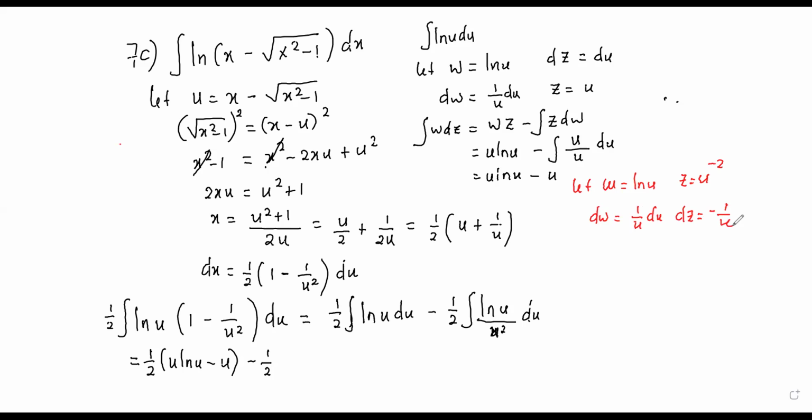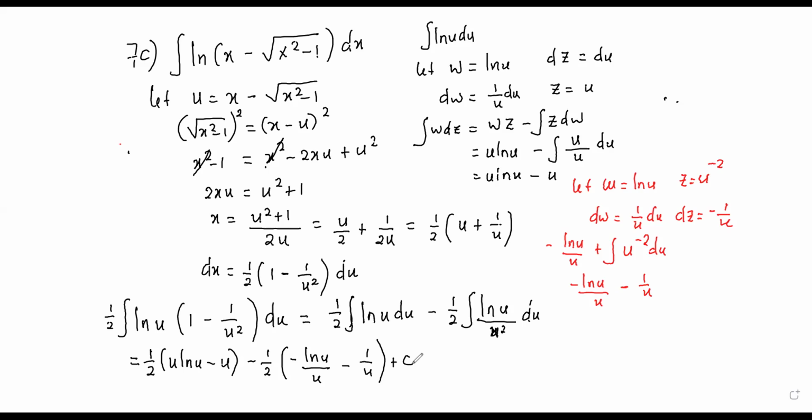And then you want to substitute, so have minus ln u over u plus the integral of u to the minus 2 du, which is minus ln u over u minus 1 over u as the integral of the second piece there, which will bring here, it's minus ln u over u minus 1 over u plus c.